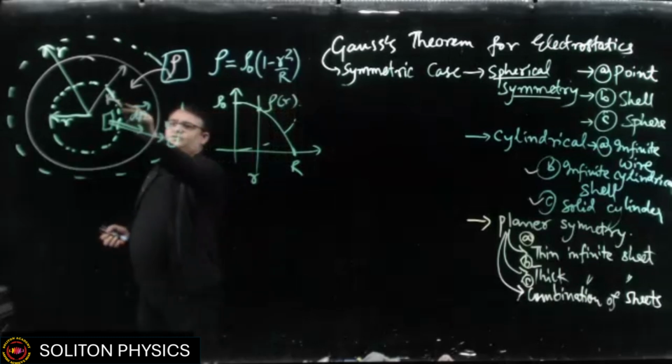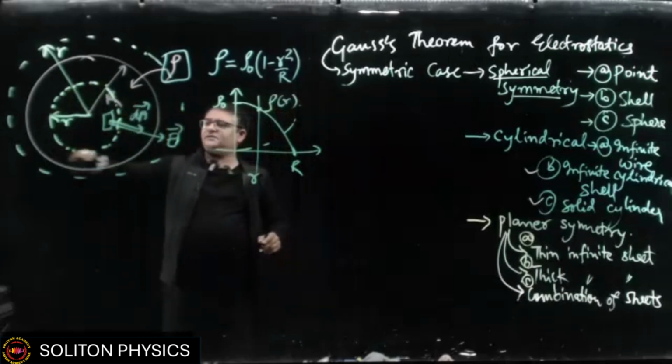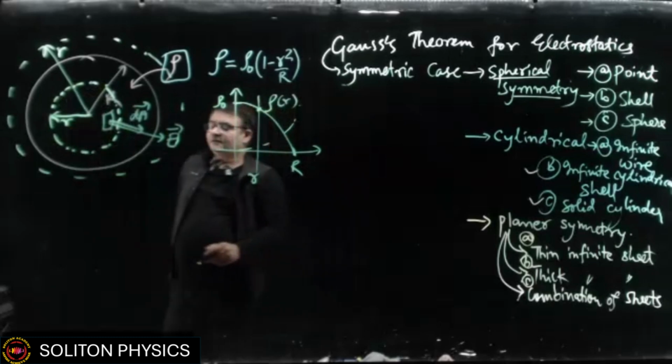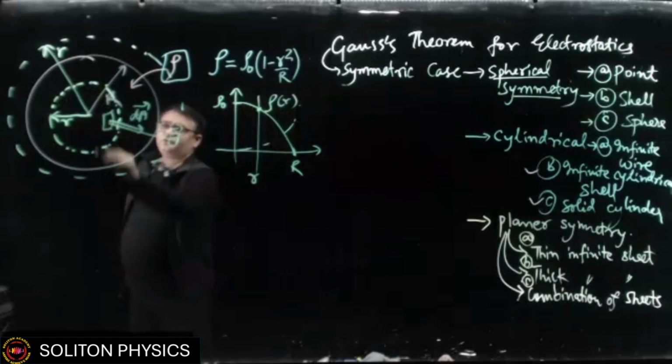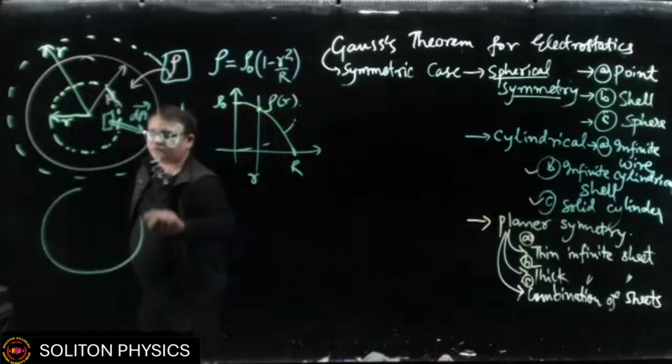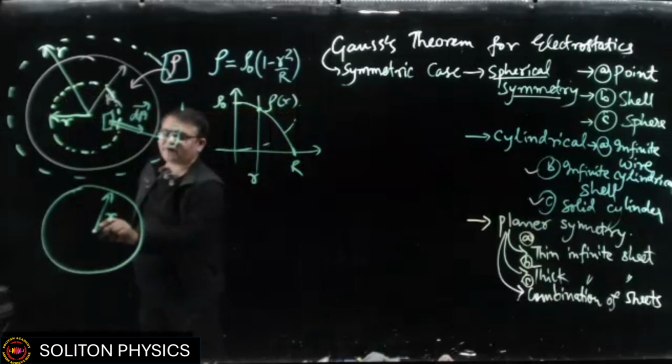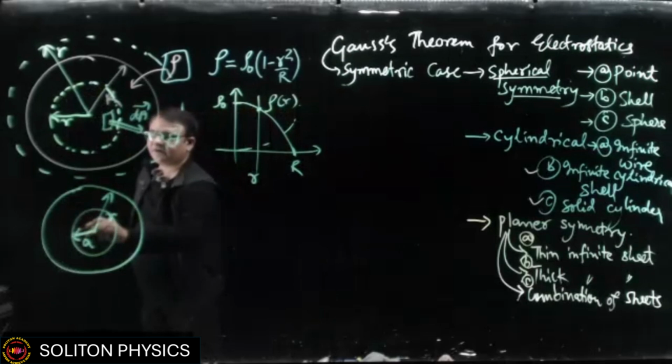What I'm going to do is still take the Gaussian surface of small radius r, and inside this, I'm going to define a radius a. Then I will take a thickness da.